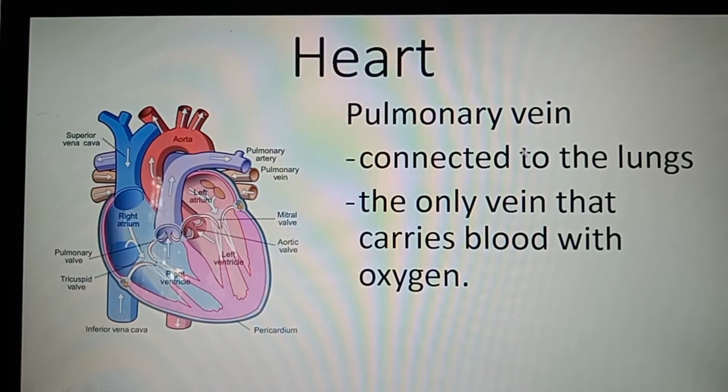But this pulmonary vein is the exception to the rule because this is the only vein that carries blood with oxygen. So that's why its color is a bit reddish, no? Because the blood it carries has oxygen.